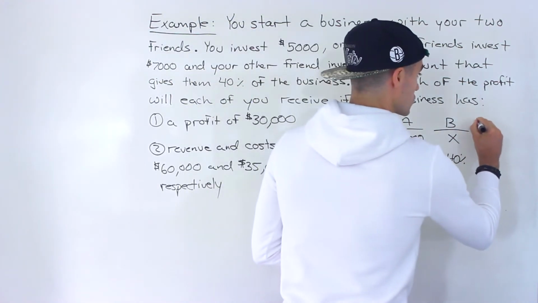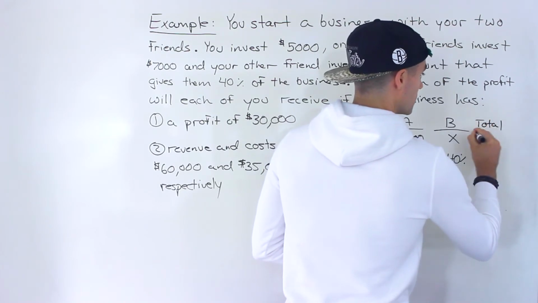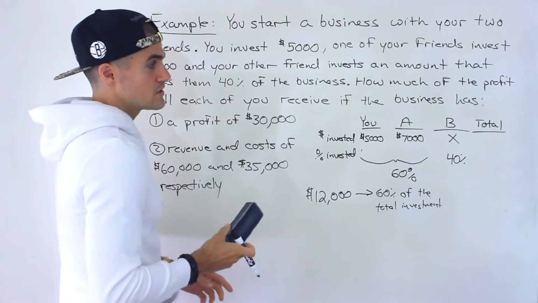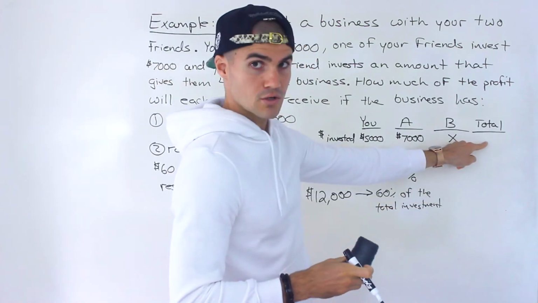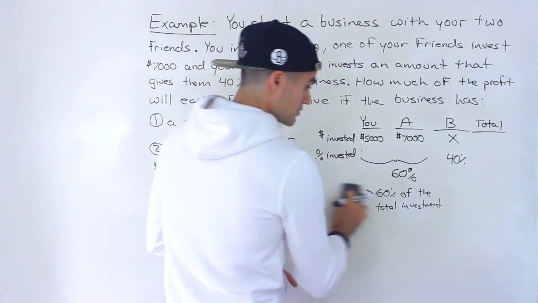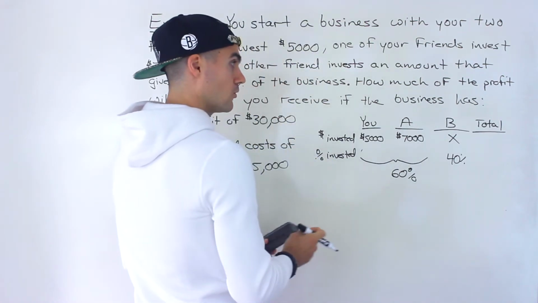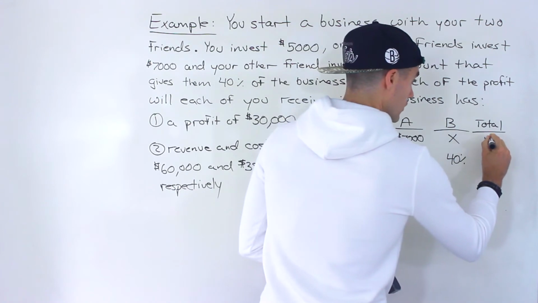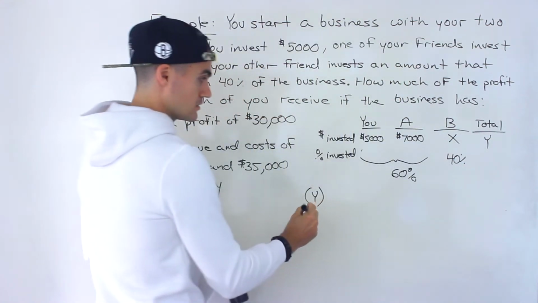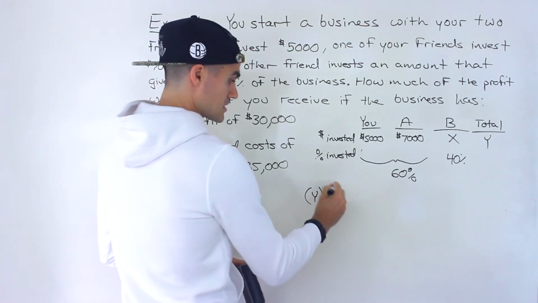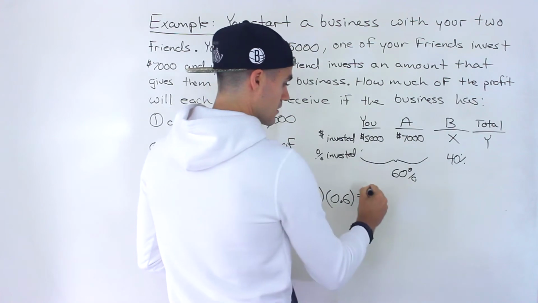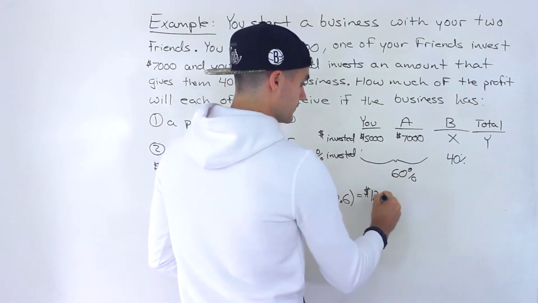So we can make a total column here as well. And what we can do is find out what this total is going to be, because 12,000 is 60% of that. So let's introduce another variable here, Y. The total amount invested in dollars times 60%, so times 0.6, has to be the 12,000.